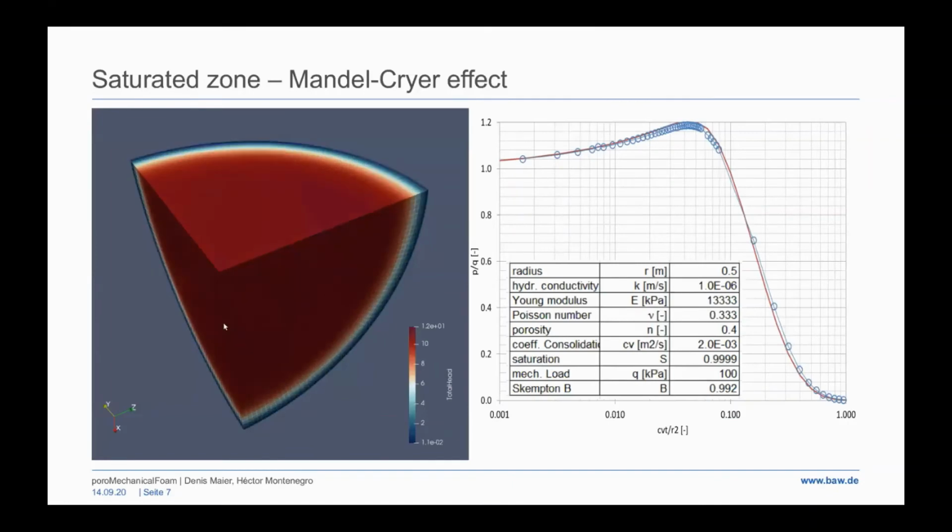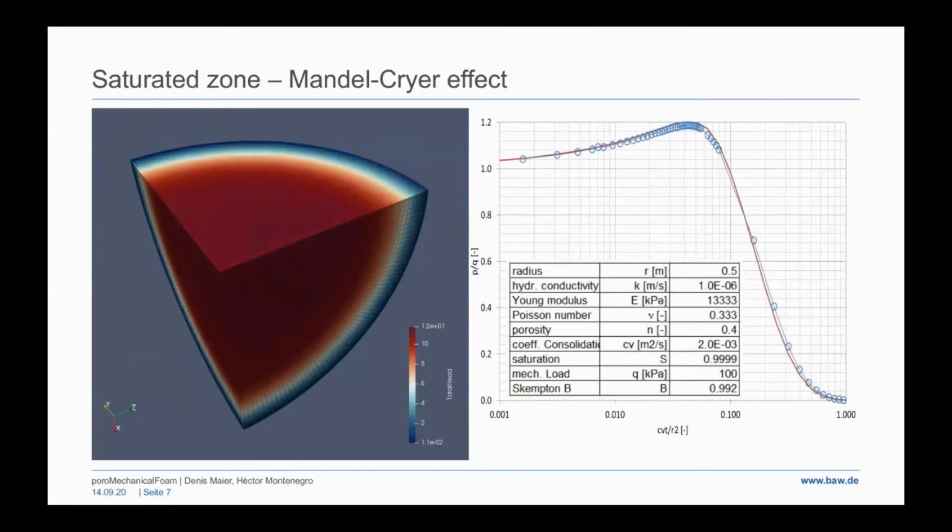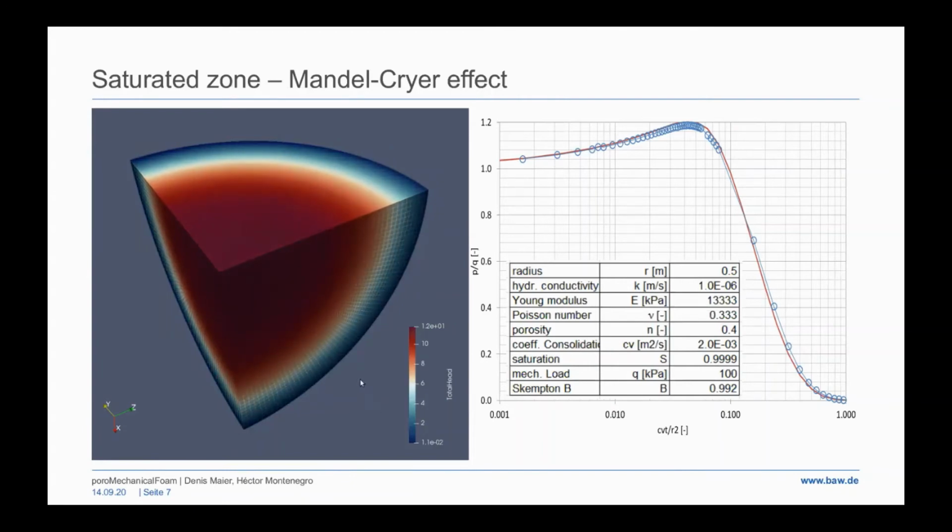For the saturated zone, I have the Mandel-Cryer effect here, which is a fully saturated porous ball. And I only have 1/8 of the ball here because of symmetry reasons, and then we can look at the inside of the ball, of course. And the ball is loaded with a constant pressure from the outside, and the water can drain freely to the outside surface as well.